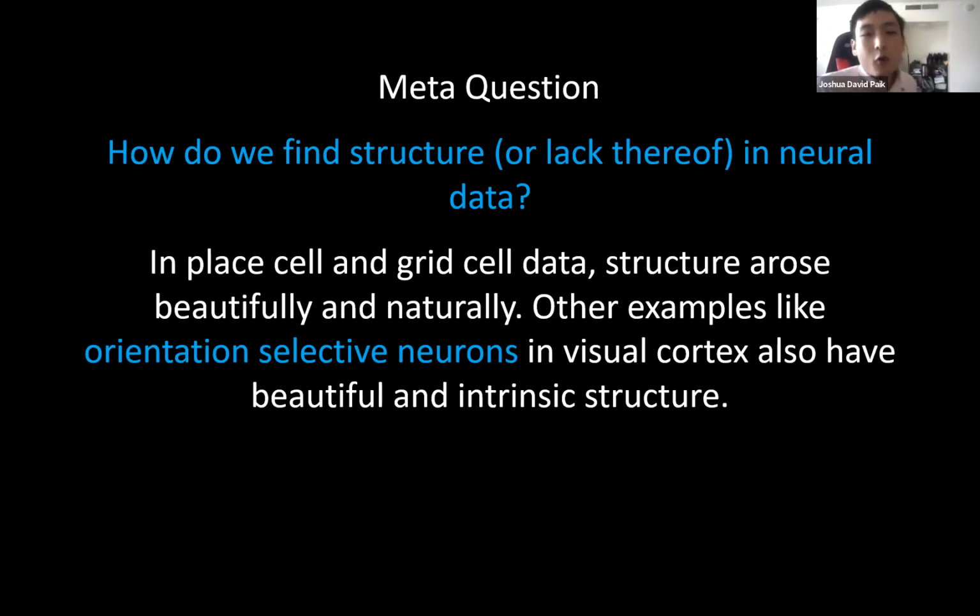For example, orientation selective neurons have beautiful structure. What are orientation selective neurons? These are in your eyeball, in visual cortex.